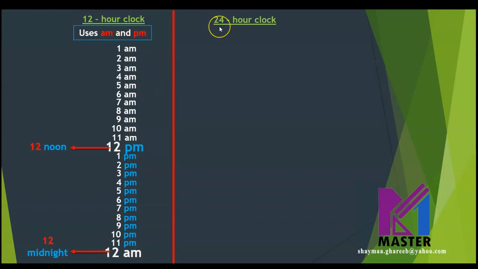Now, let's look at the 24-hour clock. We don't use a.m. and p.m. and it's called the 24 because I'm going to use all the numbers from 1 to 24. And I will write them using 4 digits, not the same way as writing the 12-hour clock. I will write the number of hours in 2 digits and the number of minutes in 2 digits.